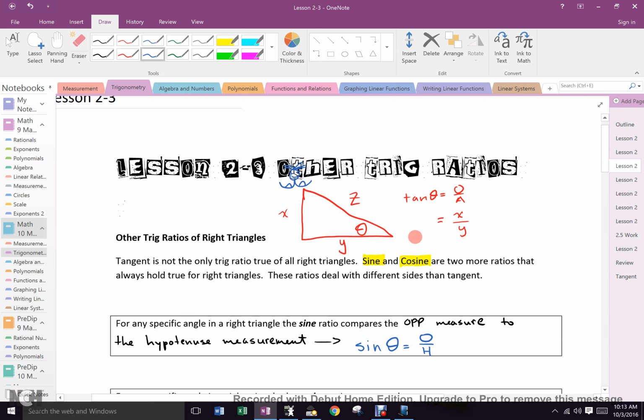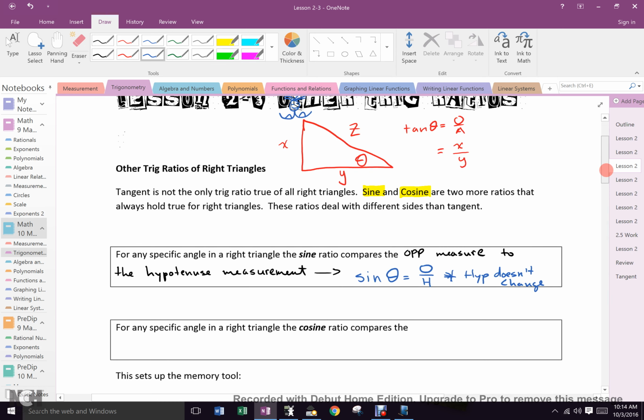Y. What didn't change? The hypotenuse. It was still Z. Cool? So remember, the hypotenuse doesn't change. It's always across from the 90 degree. Cool in the gang? Okay.